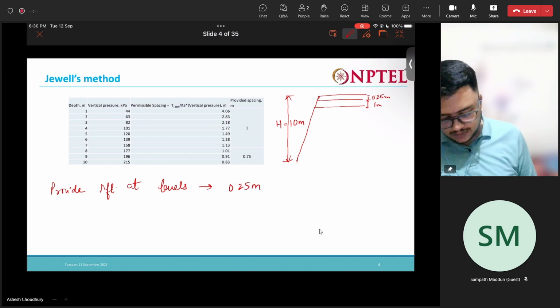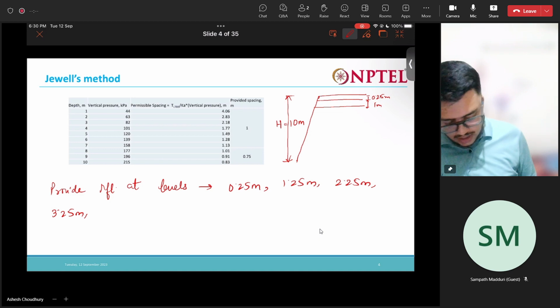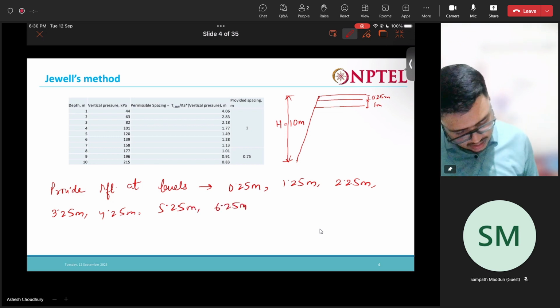First you will provide 0.25, then 1 meter after that. So 1.25 meter, then 2.25 meter, then 3.25 meter, then 4.25 meter, then 5.25 meter, then 6.25 meter, then let us write up to 6.